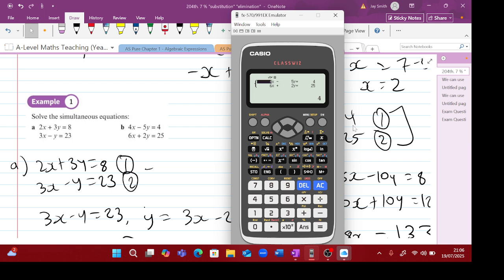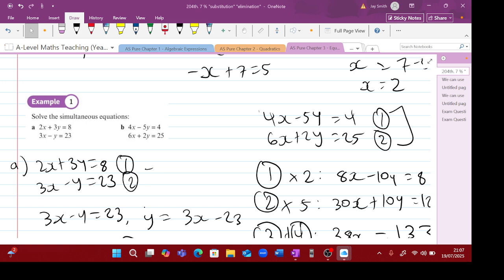So just to echo again, if we click the menu button, which has all the functions on the calculator, then you go to A, which is equations, because these are simultaneous equations. That'd be option one afterwards. Then two unknowns, usually for A level, which should be x and y. And therefore you input your equations from there. And as you can see, once you put the coefficients in, you get the solution instantly.